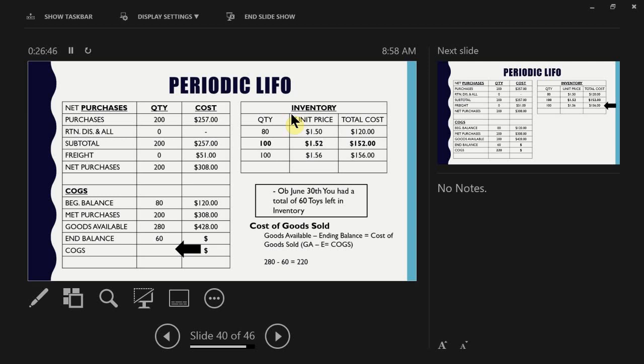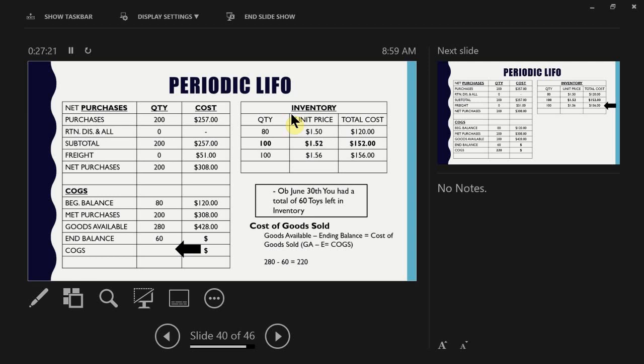Okay. But this time, instead of just processing it through, we do have a beginning inventory of the 80 items, which we've considered as one of our first batches. So by doing that, we can now calculate our total goods available. We add together our beginning inventory plus the inventory that we purchased, giving us a grand total of 280 items available to sell.